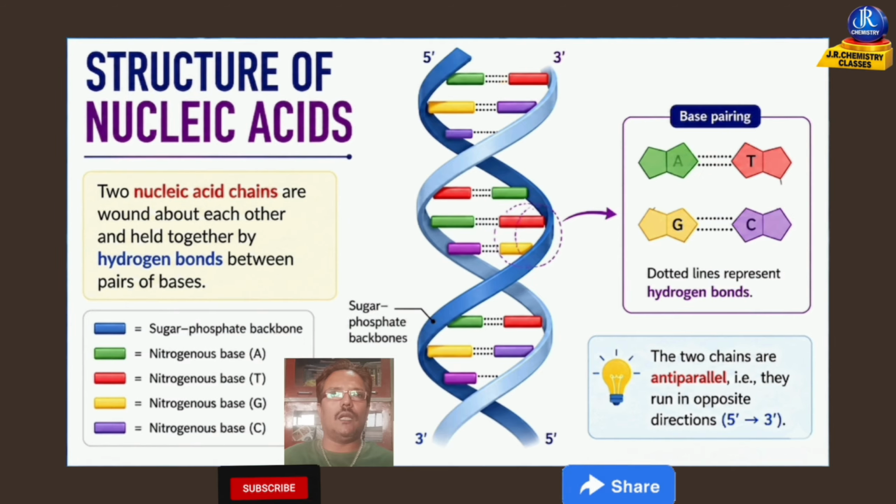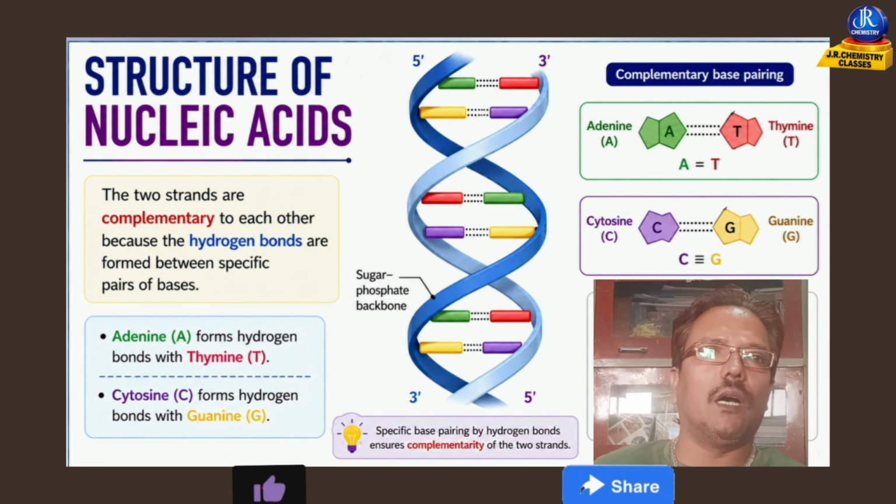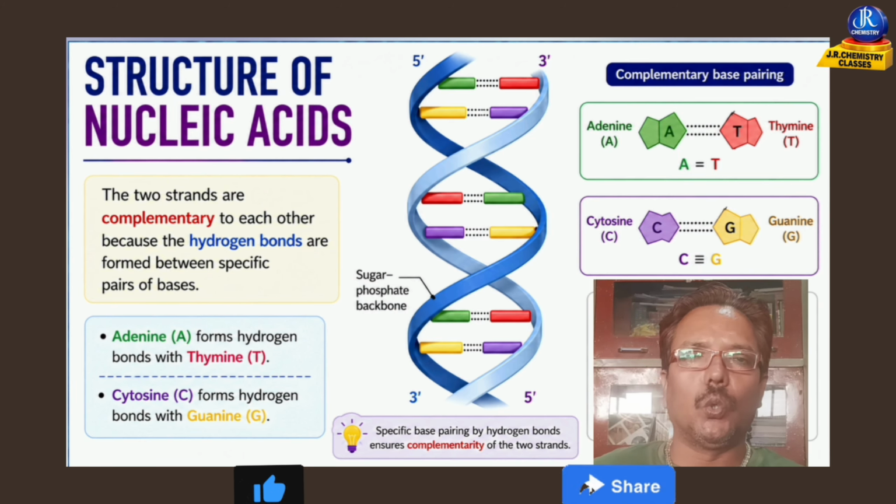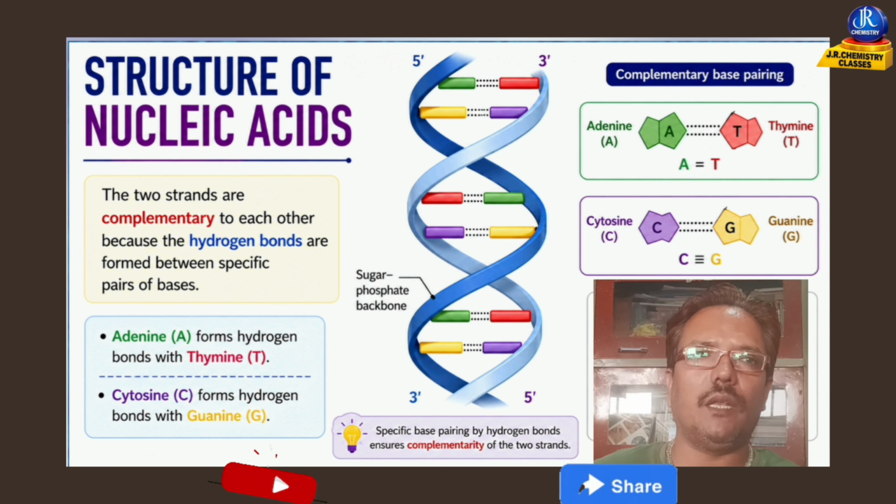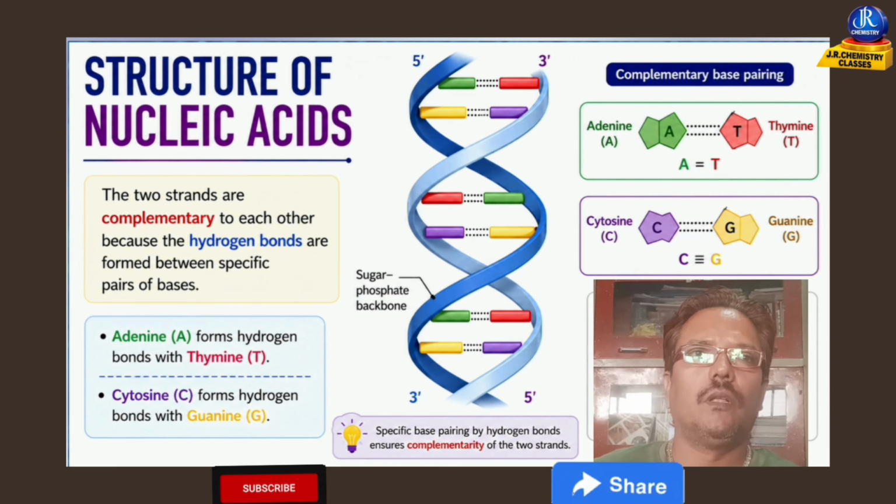Two nucleic acid chains are wound about each other and held together by hydrogen bonds between pairs of bases. The two strands are complementary to each other because the hydrogen bonds are formed between specific pairs of bases.